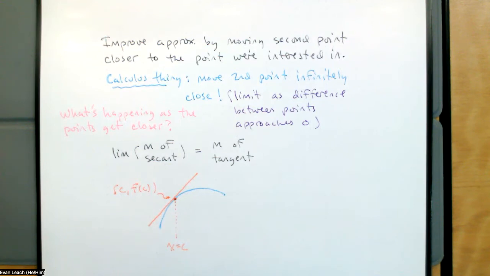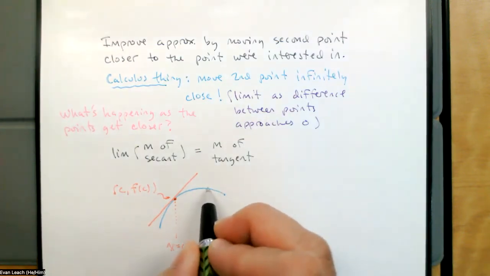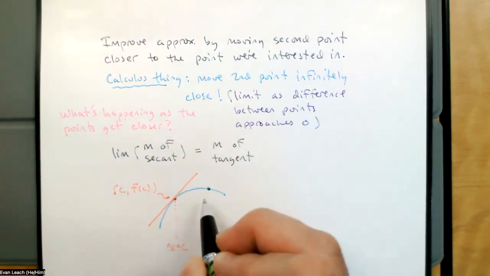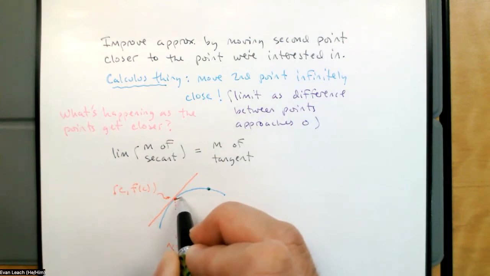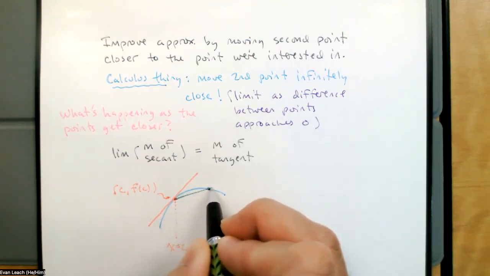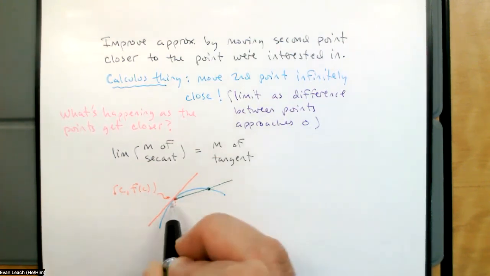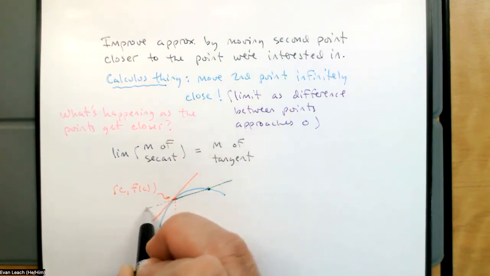So we pick a point that's nearby. Now, clearly, this has been exaggerated because this is a terrible approximation.